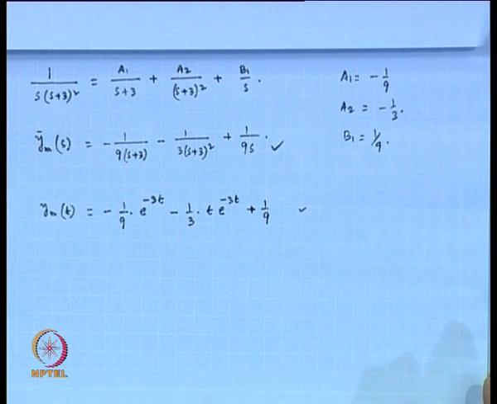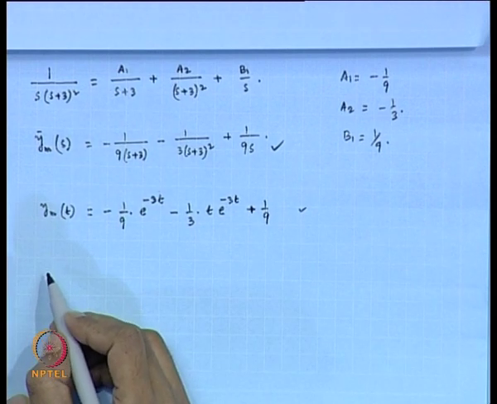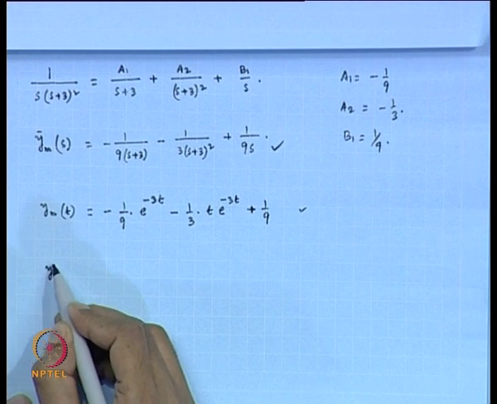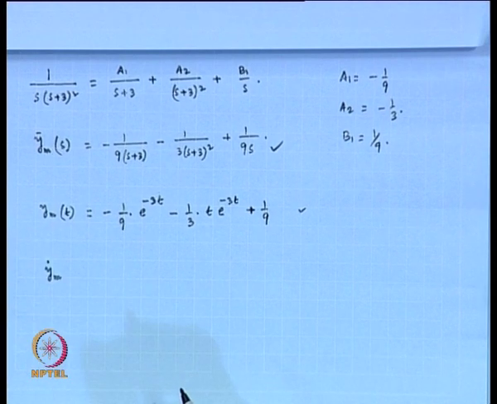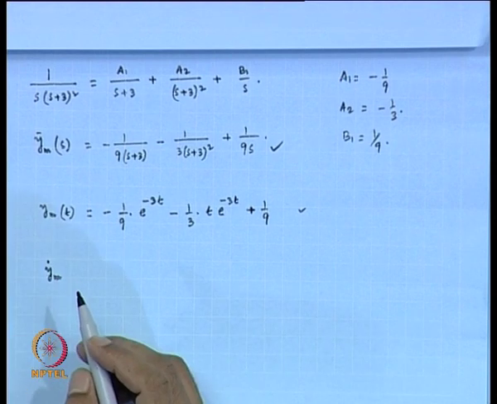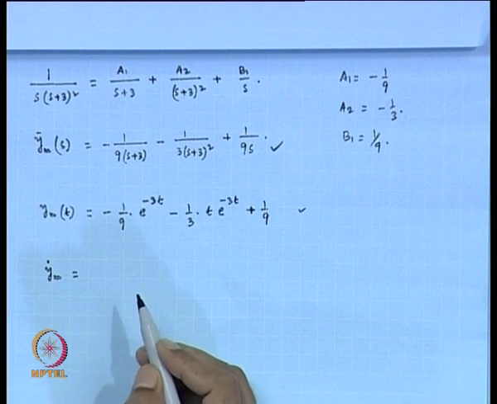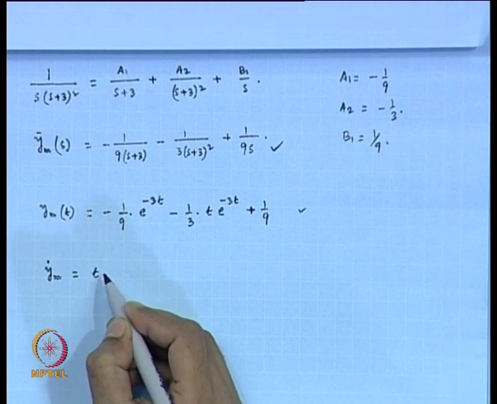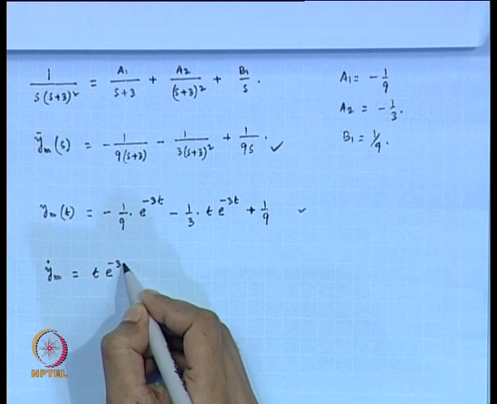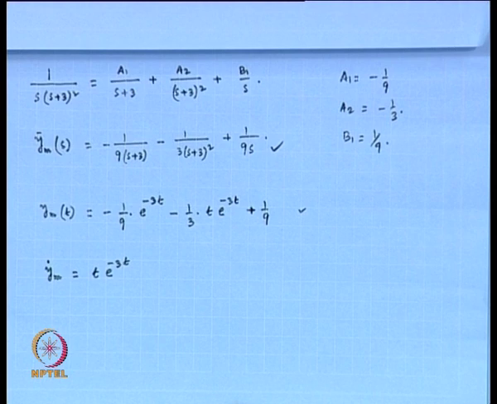In the next step, we need to determine the first derivative and second derivative of ym. The first derivative of ym, represented by ym dot, equals t exponential of minus 3t. Check this. First derivative of ym we get as t exponential of minus 3t.